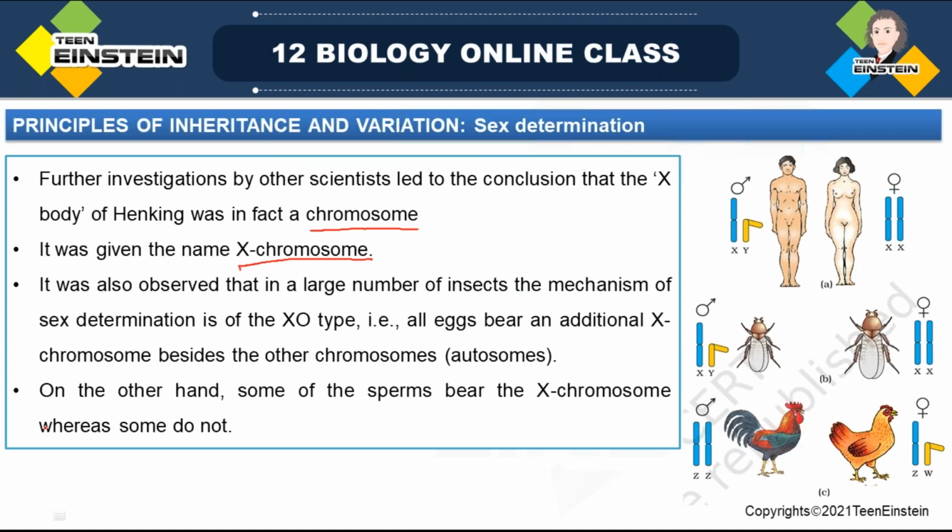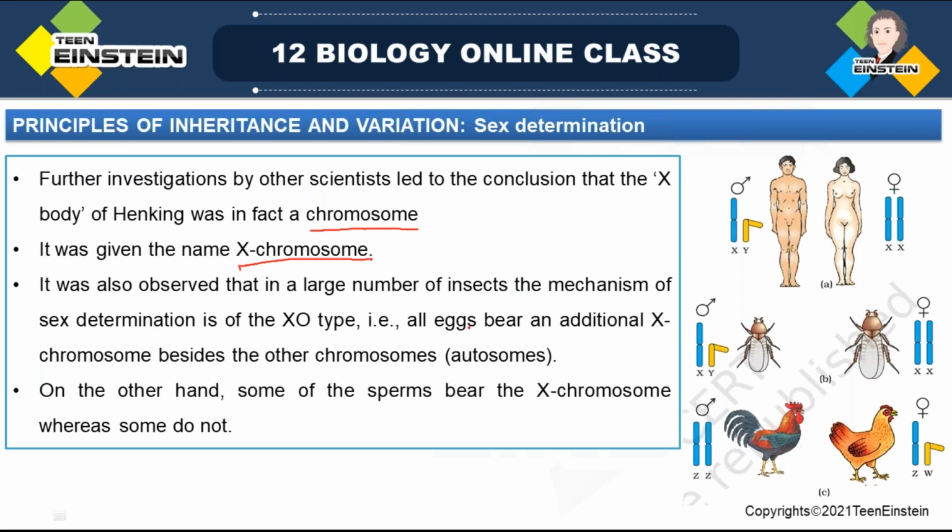So they observed, mainly using insects for their studies, that in a large number of insects the mechanism of sex determination is XO type. What do you mean by XO type?